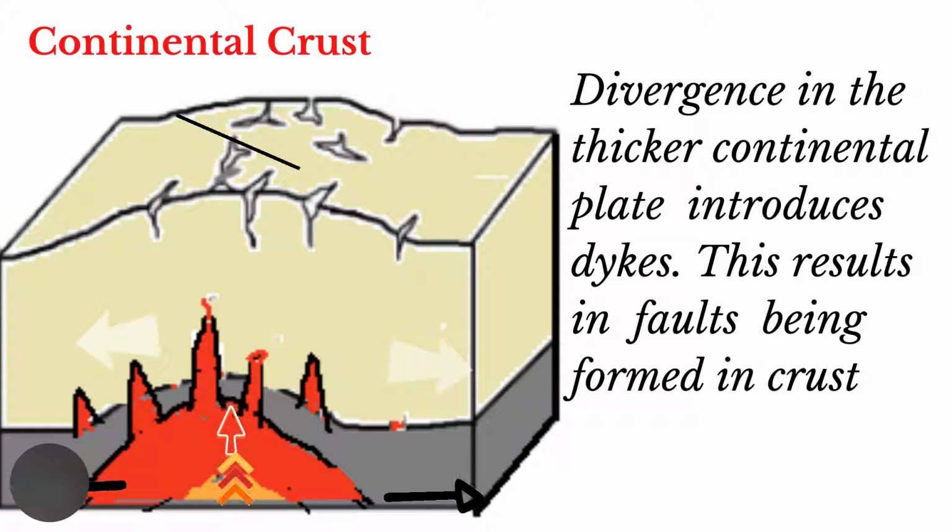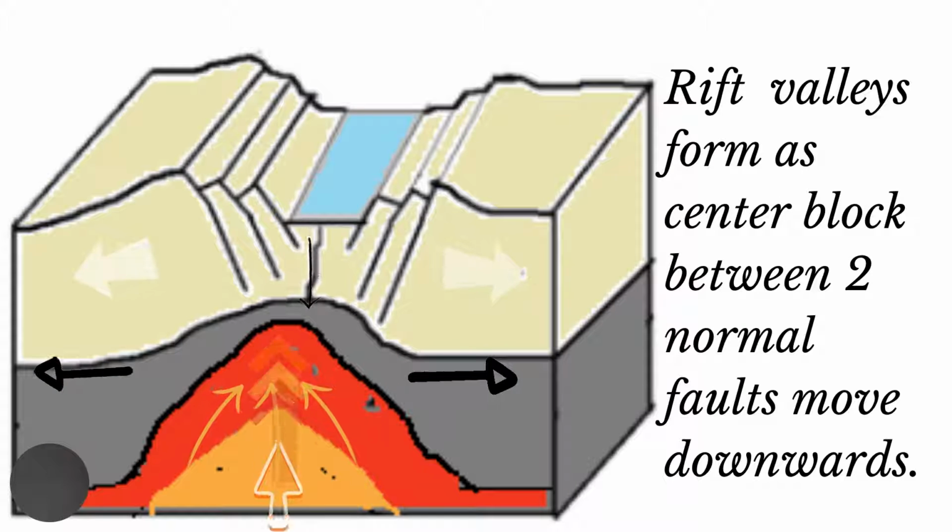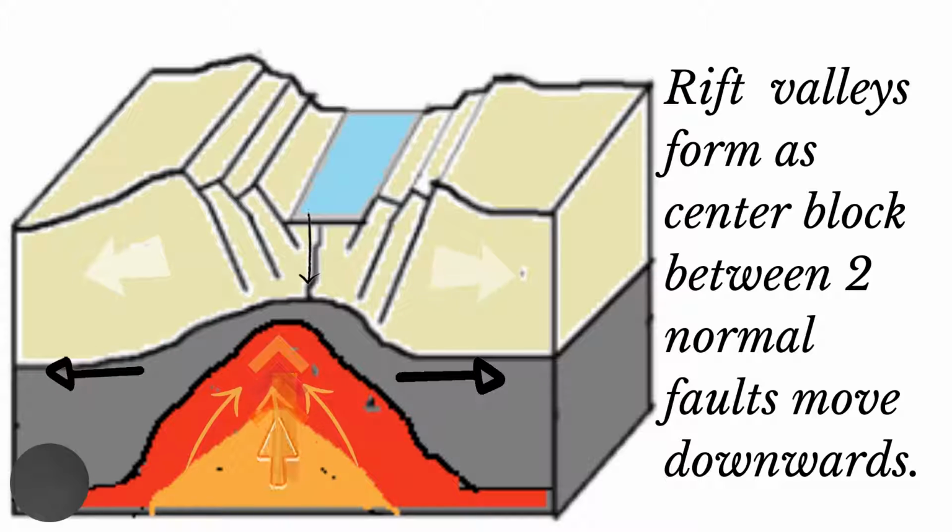Over time, the blocks of rocks around these fault lines may begin to move up and down, and oftentimes the central block between surrounding blocks might move downwards to form a rift valley. Sometimes this rift valley may be filled in with water to create lakes.